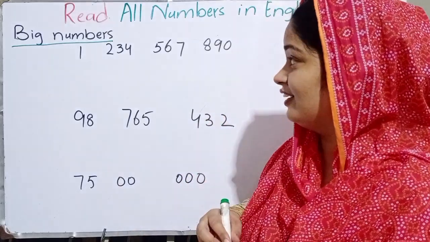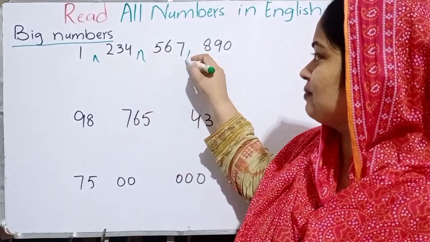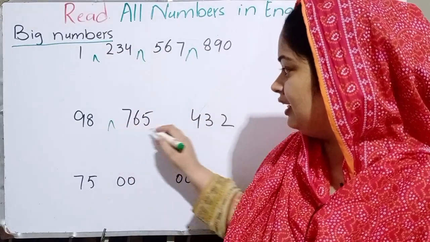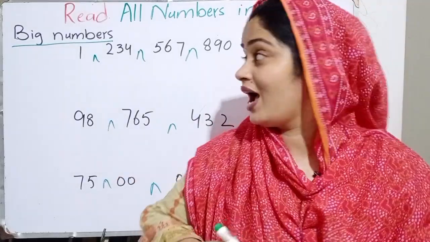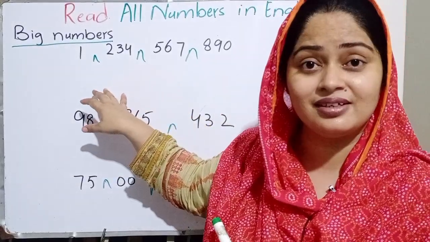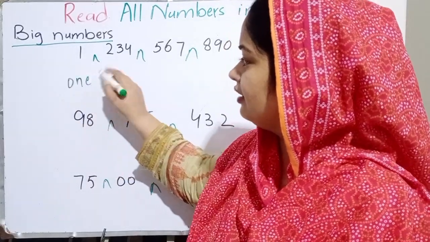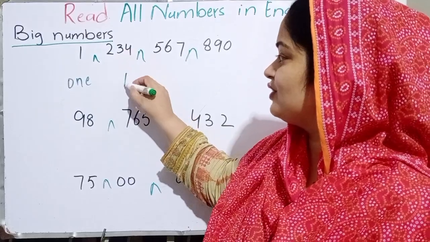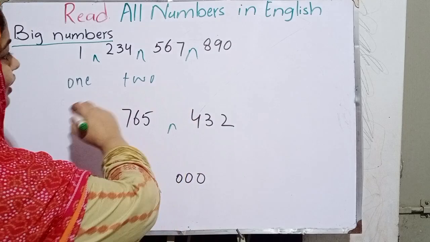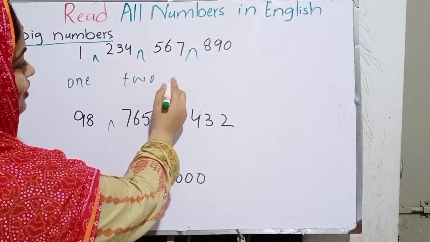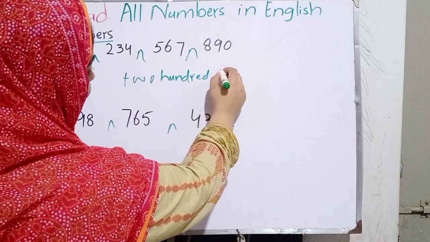The trick is here. Here are some gaps. 1 gap, 2 gaps, and 3 gaps. Here are only 2 gaps. Now you have to fill these gaps, because you understand 1. It is 1. It is 234. I am going to give you the detail.